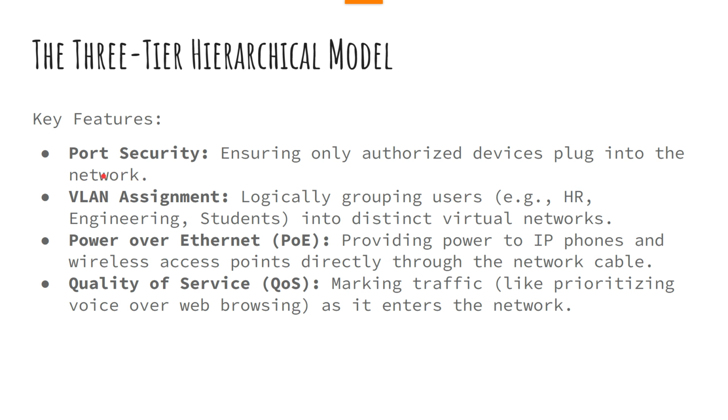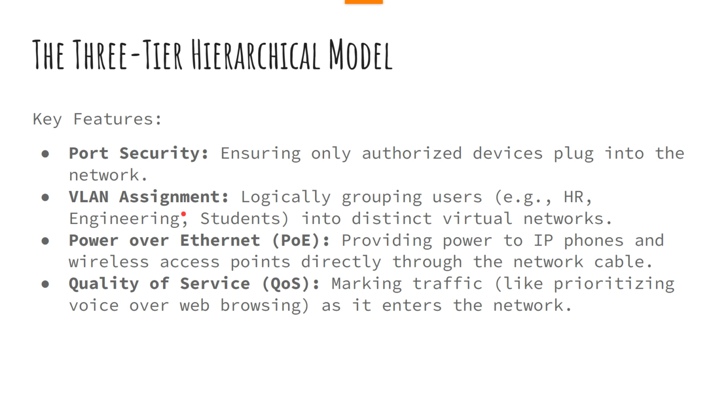If I have designed it according to the three-tier architecture, and if I have configured the network devices properly with port security, the moment somebody moves this machine from one lab to another lab, the switch in the other lab will not accept it at all. You will not be able to connect it. That's the kind of port security.